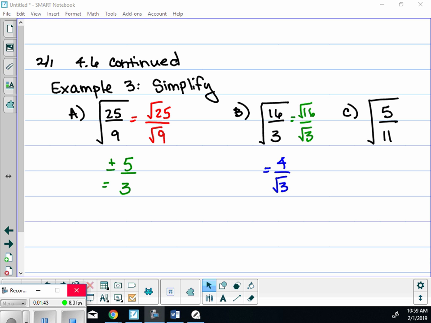Now, this is important. In order to be considered simplified, you cannot leave a square root in the denominator. You cannot. So we have to do something called rationalizing the denominator.